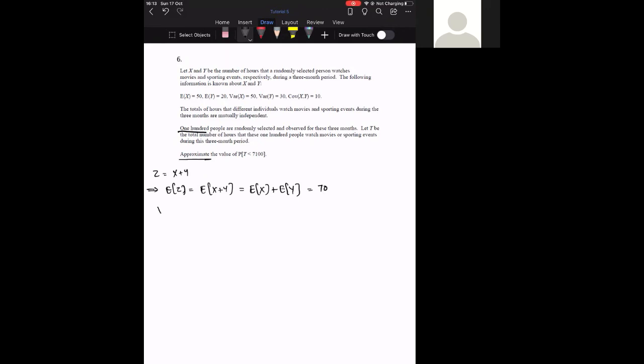The variance of Z equals the variance of X plus Y. This just comes out to be variance of X plus variance of Y plus 2 times covariance of X and Y. We're given all of this in the question, so we're just going to sum it up.